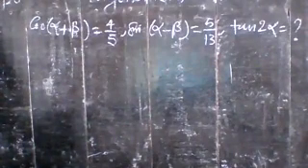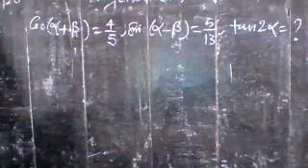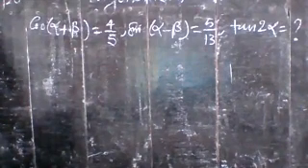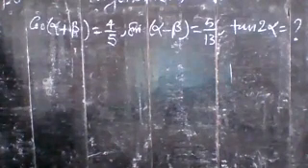Same type of question you solved yesterday. For tan 2 alpha, the values of tan alpha plus beta and tan alpha minus beta are needed. So what you do in that case is arrange 2 alpha in terms of alpha plus beta and alpha minus beta.